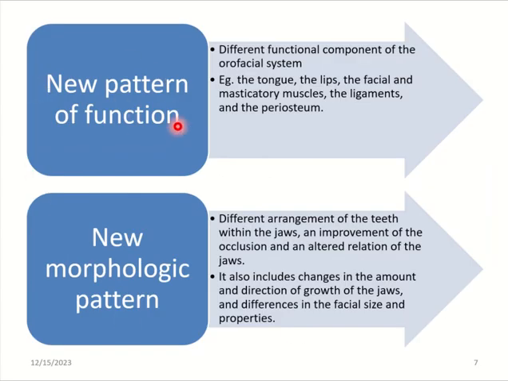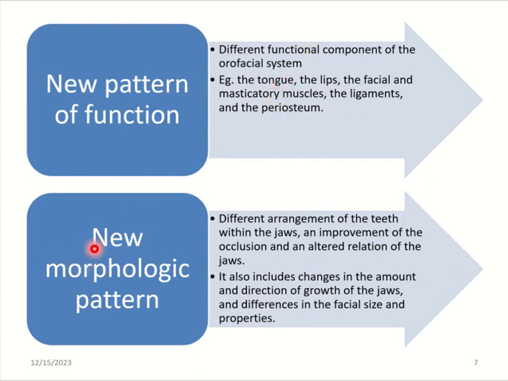So the new pattern of function can involve the different functional components of the orofacial system, such as the tongue, lip, facial and masticatory muscles, ligaments, and the periosteum. So for any new pattern, say you're giving a habit breaking appliance to a tongue thrusting patient, the tongue is reprogrammed, a new pattern of function is made.